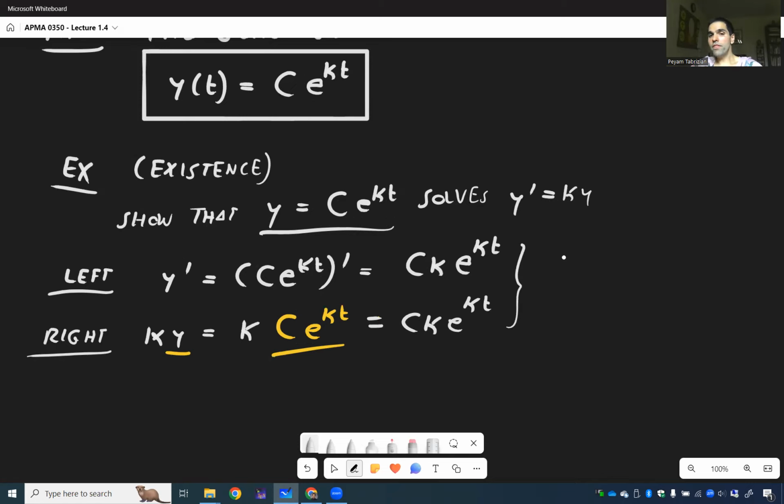So you see, both sides match. So yes, ce to the kt solves this equation. Once again, that is called existence. I give you a formula, you plug it in, and you show that it solves the ODE.